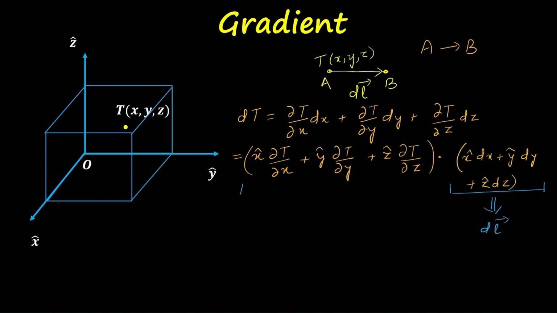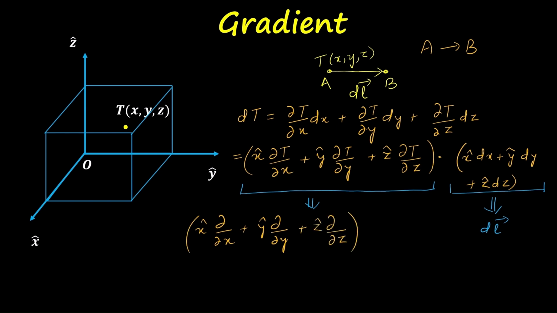And the first term we can write as an operator. This is the operator, and this operator is operating on temperature T. Now, this operator has a special name and a symbol.